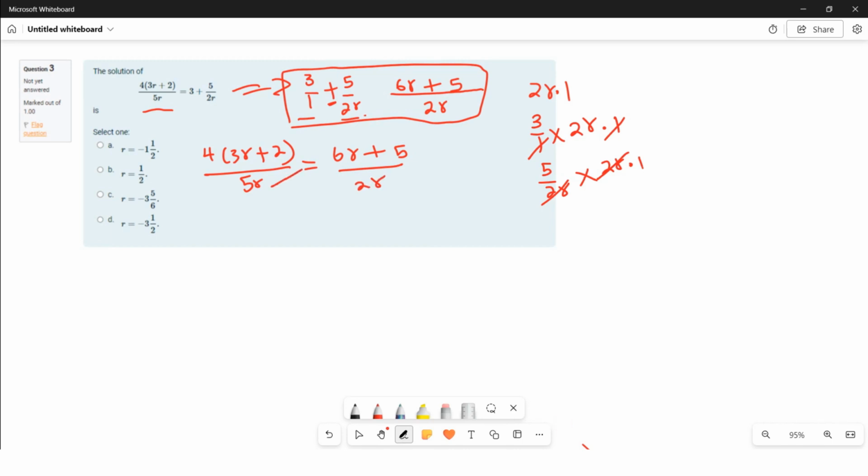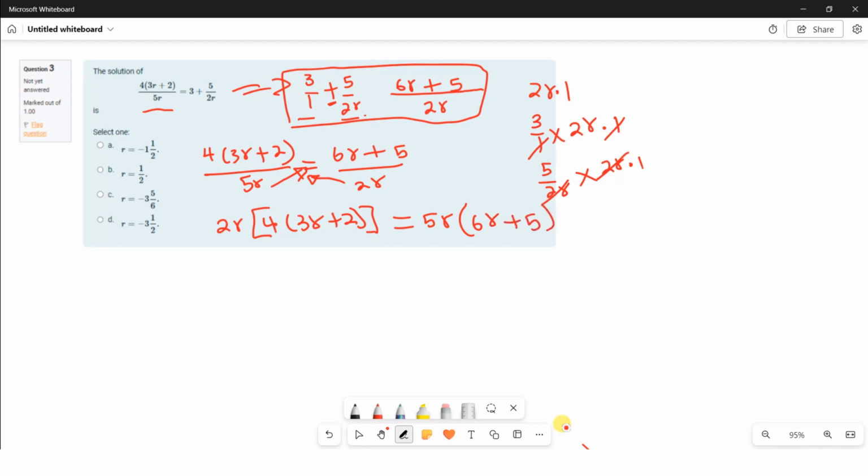So this one will multiply everything on that side, and this one will multiply everything on that side. So in other words, you'll have 2r multiplied by 4 times 3r plus 2, and this is equal to 5r multiplied by 6r plus 5.